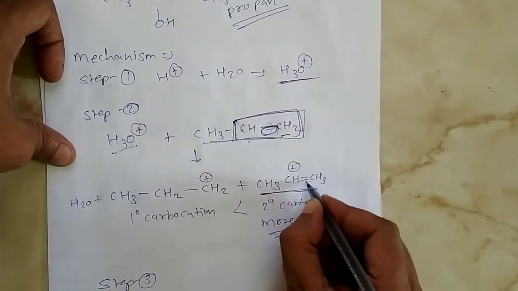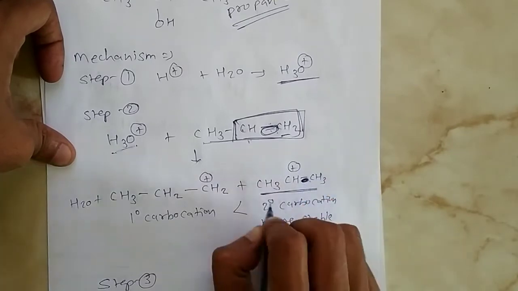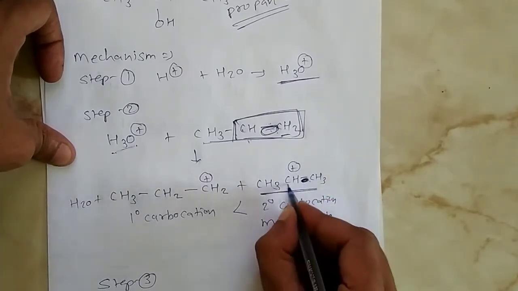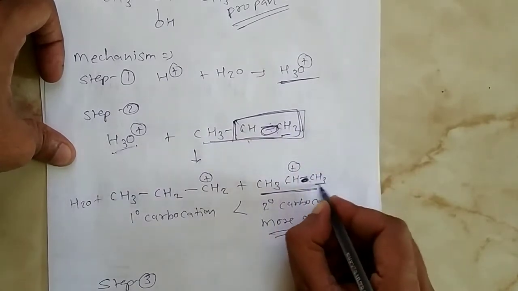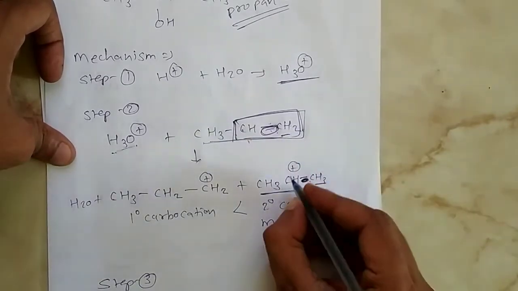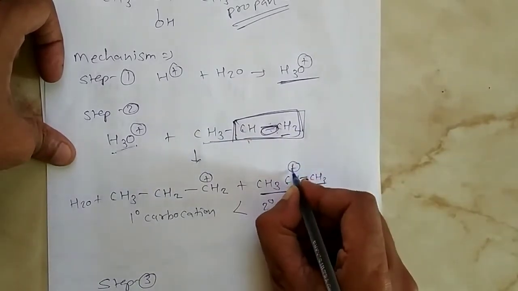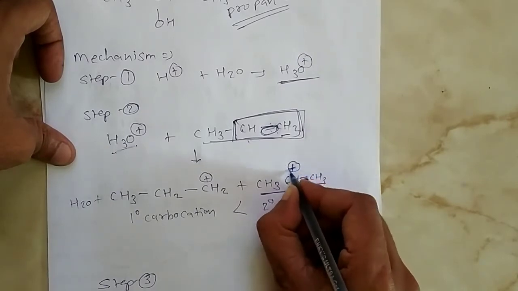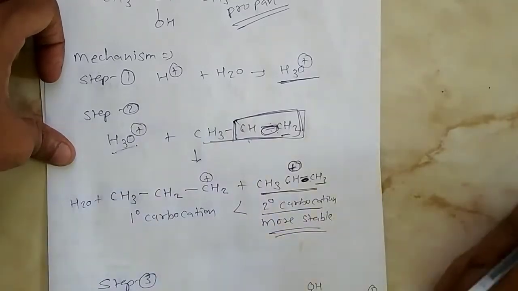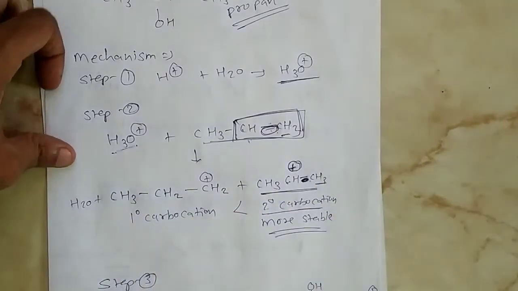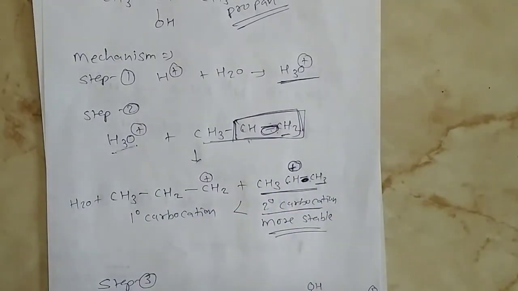You can see the double bond breaks here, CH3CH; instead of CH2 here I have written CH3, and the positive ion will be on the adjacent carbon. So this is our 2 degree carbocation. Now suppose H plus is adding on the second number carbon.